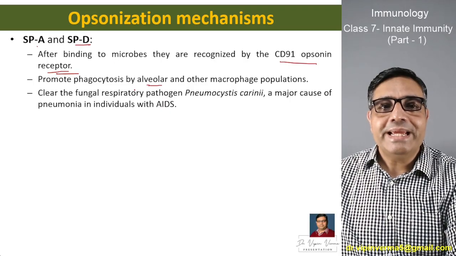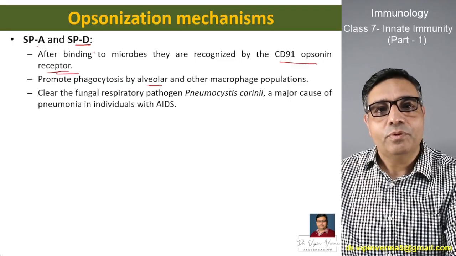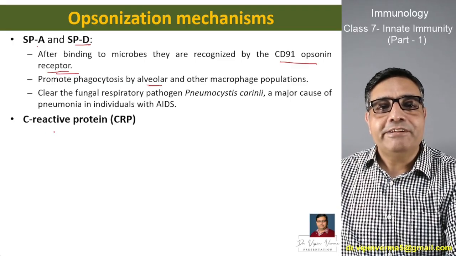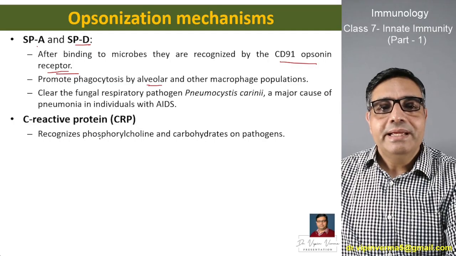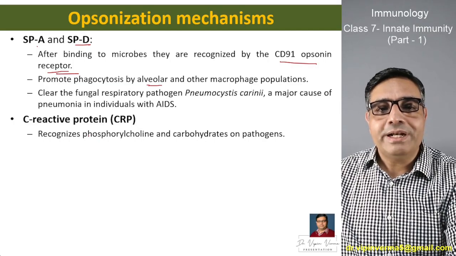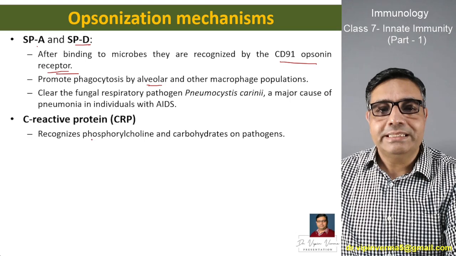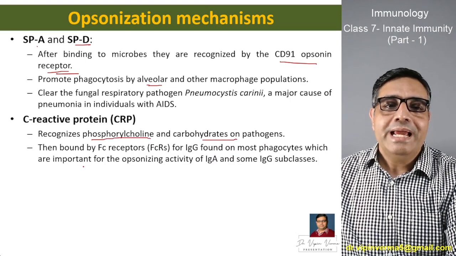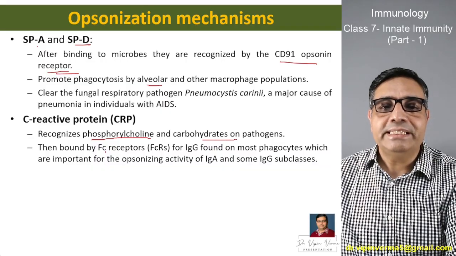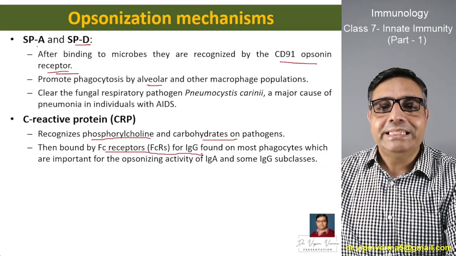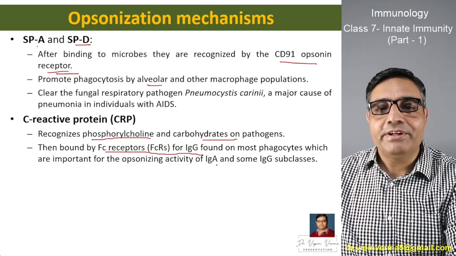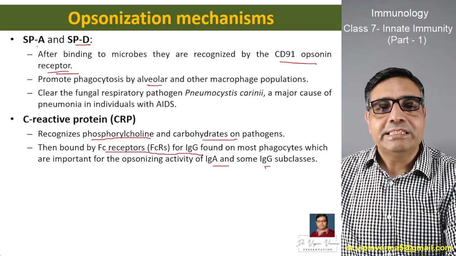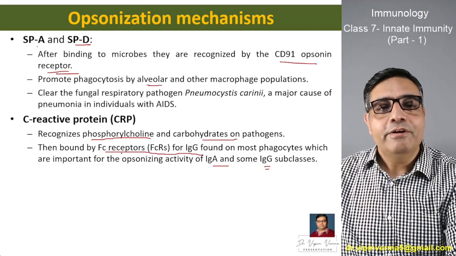So SP-A and SP-D primarily act in the respiratory system. Then we have the C-reactive protein, or CRP. It recognizes phosphorylcholine and carbohydrates on pathogens, and is then bound by Fc receptors for Ig found on most phagocytes, which are important for opsonizing activity of IgA and some IgG subclasses. So that's how this CRP works.